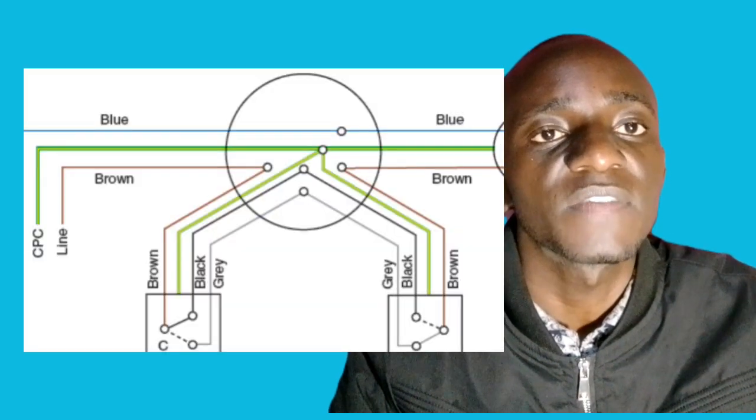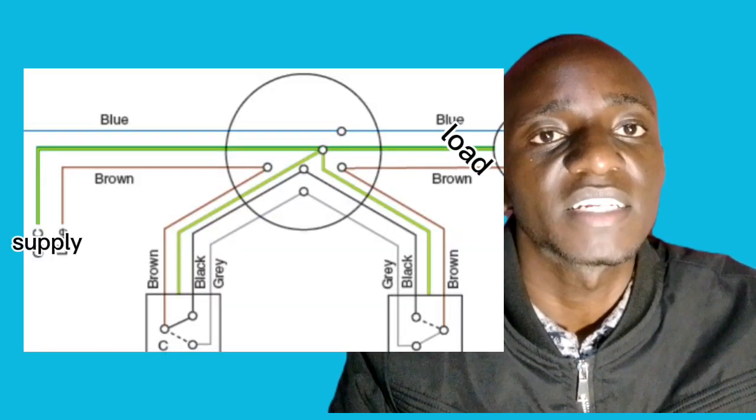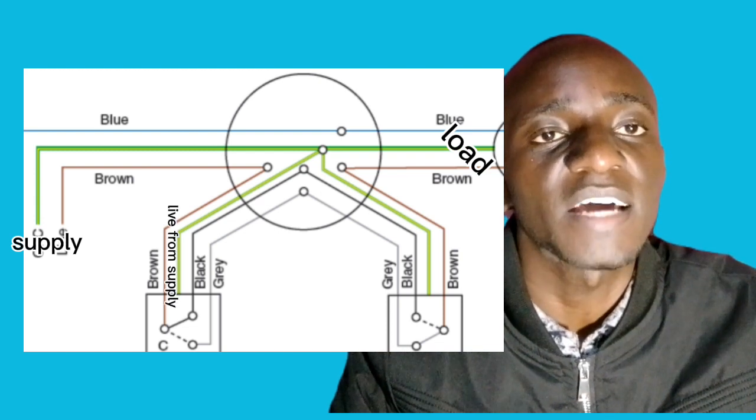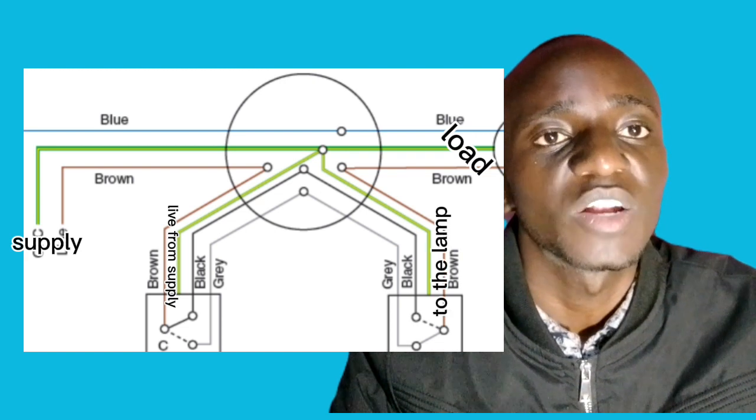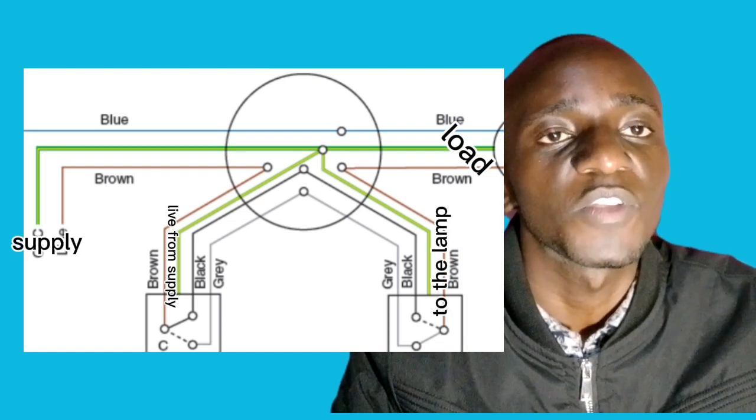If you are using 2-way switches, then the first common acts as the supply terminal, and the common terminal of the next switch acts as the load terminal for the light.